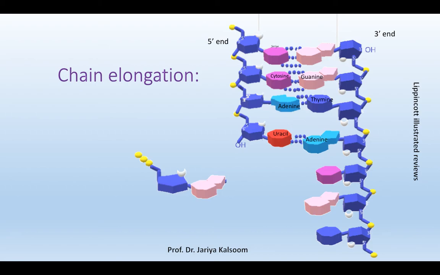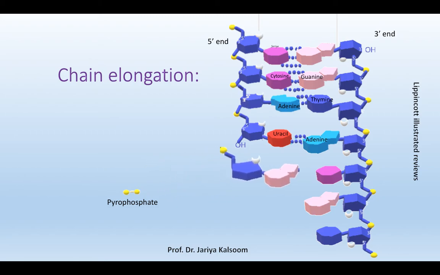Adenine base pairs with thymine on the template strand. Guanine base pairs with cytosine on the template strand. Cytosine pairs with guanine on the template, whereas uracil joins adenine on the template strand. So here you can see that pyrophosphate is released and guanine moves to base pair with cytosine.